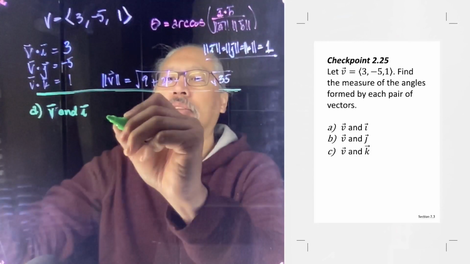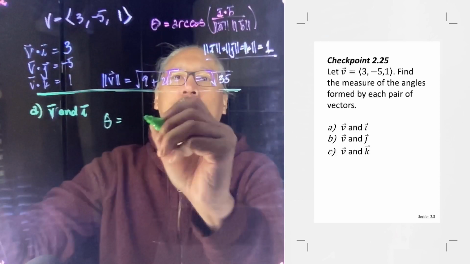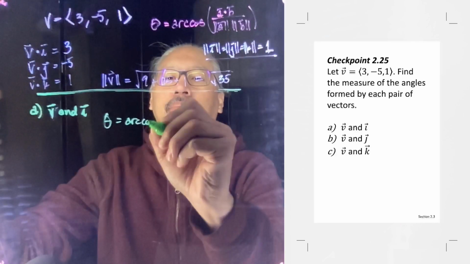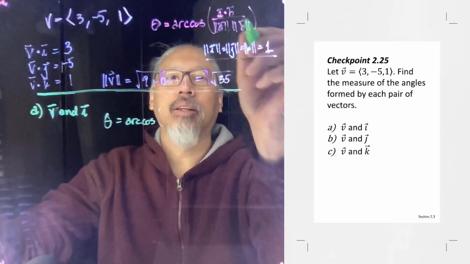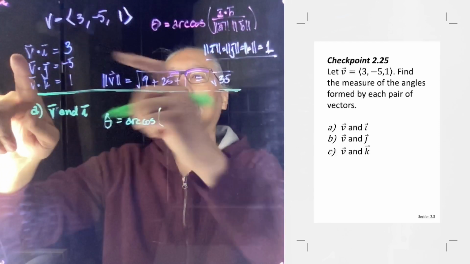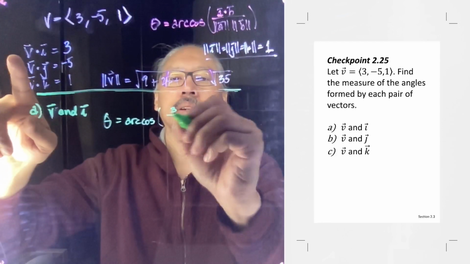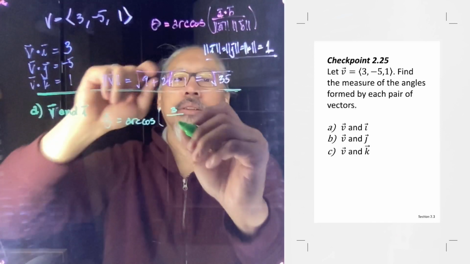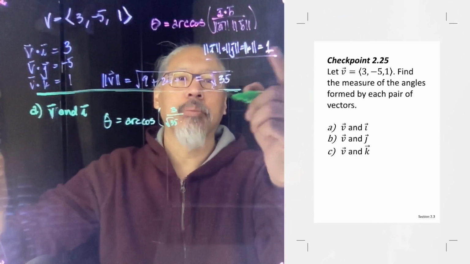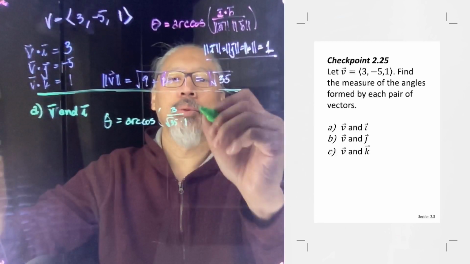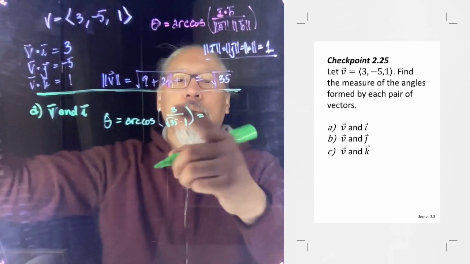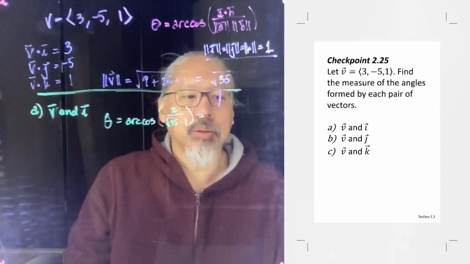And that's going to give us theta is equal to the arc cosine of v dot i, that's going to give us a 3, divided by the magnitude of v, which is square root of 35. And remember that the magnitude of i, j, k is equal to 1, so we don't have to put that there. And then we get the arc cosine of 3 over root 35.